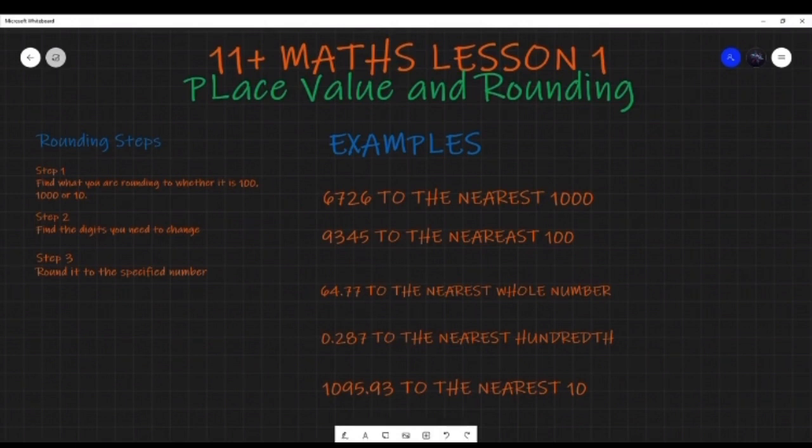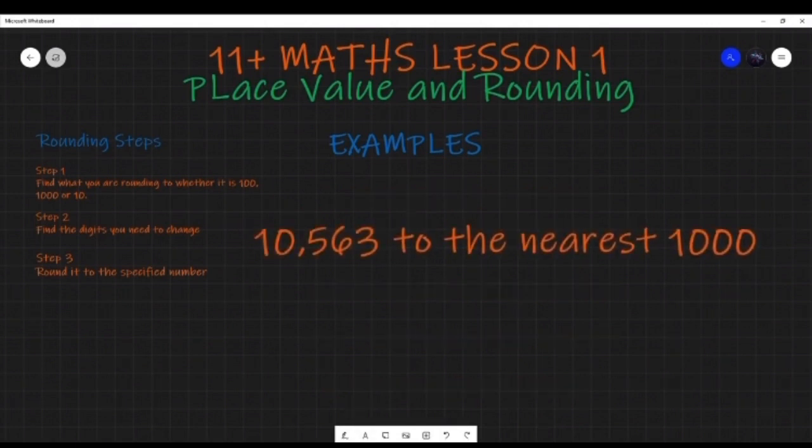We'll look at one more quickly. So we'll have a look at 10,563 to the nearest thousand. So same principles. We are rounding to the nearest thousand. So we find the thousandth digit, which is 0. So you look at the digit before, which is 5.